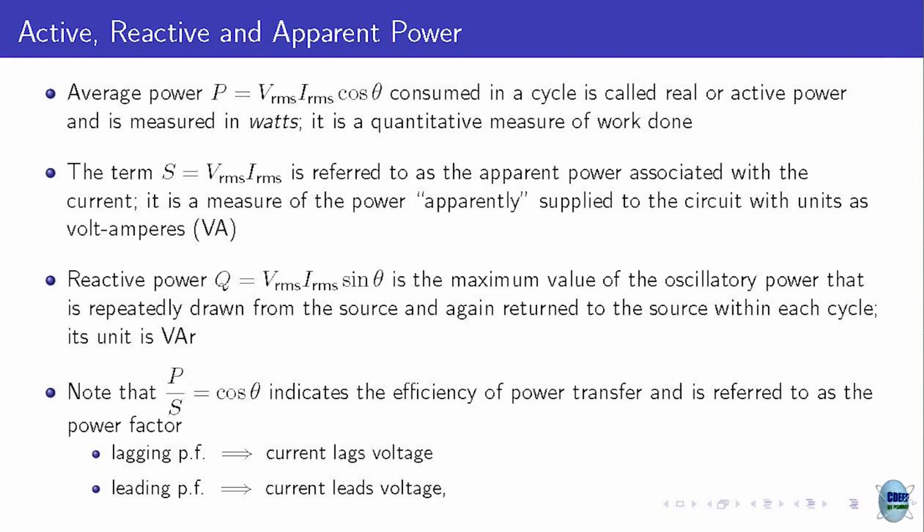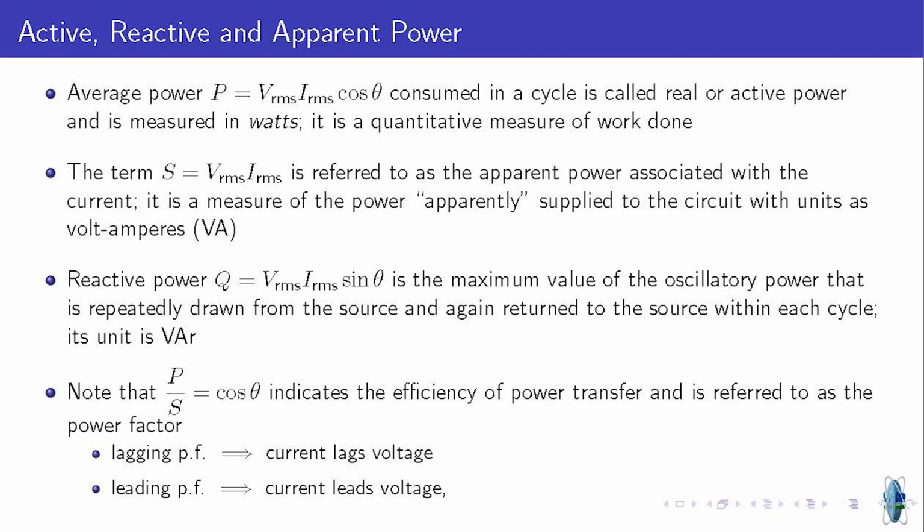Now, if we were to look at the Vrms Irms term itself, its units are volt-amperes. This is what we think of as apparent power because this is the power that is apparently being supplied to the circuit.